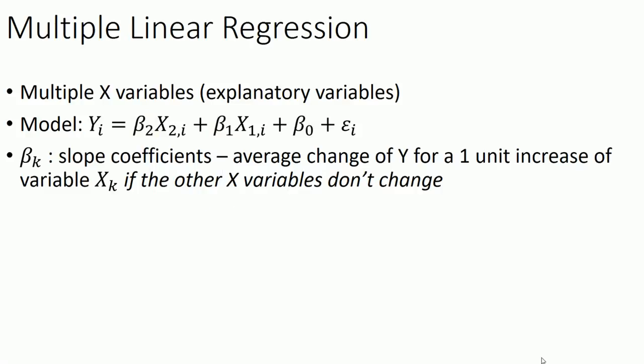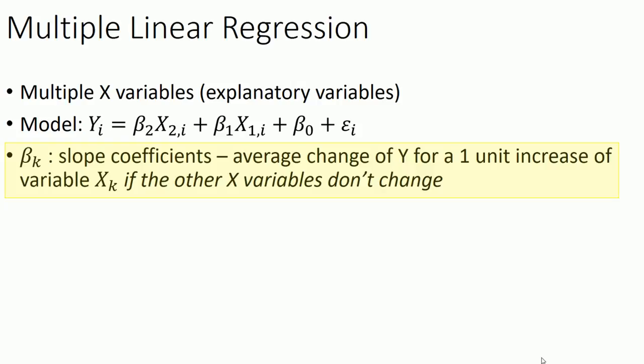And so each of these slopes can be interpreted in this way. Take this slope of x2. If we had a slope of 5, that means if the other x variable or variables are all held constant and we just increase the value of x2 by 1 unit, then we're going to expect on average a change of 5 on the y variable, right?